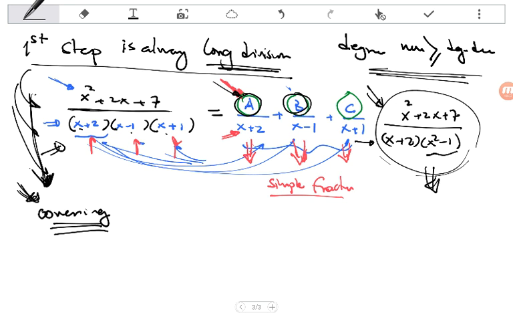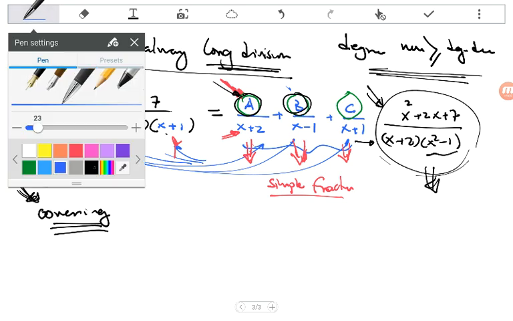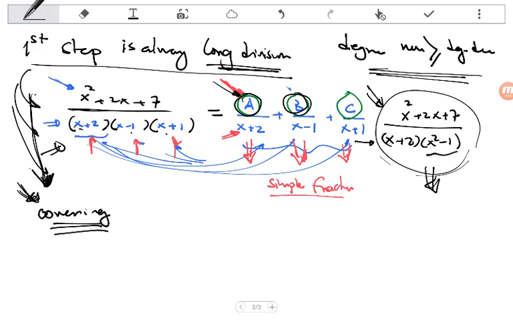Okay? What is the logic to find these constants? It is called equating coefficients. What is that? It is just based on expressing this as x squared plus 2x plus 7 over these brackets.